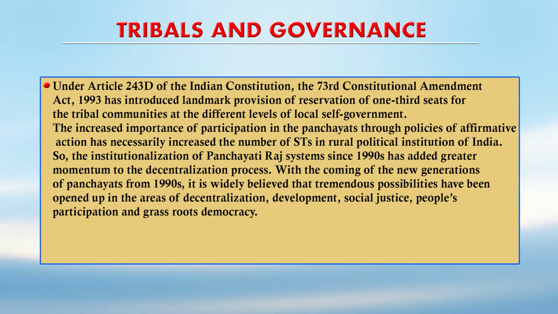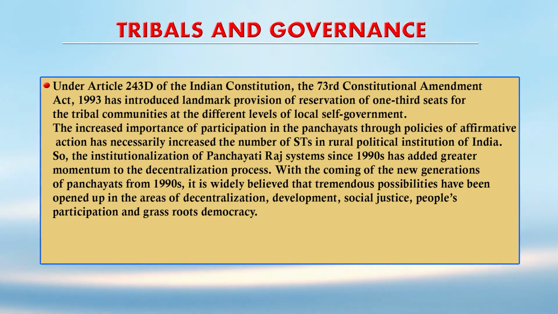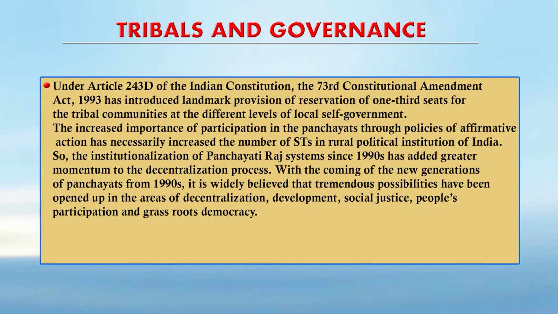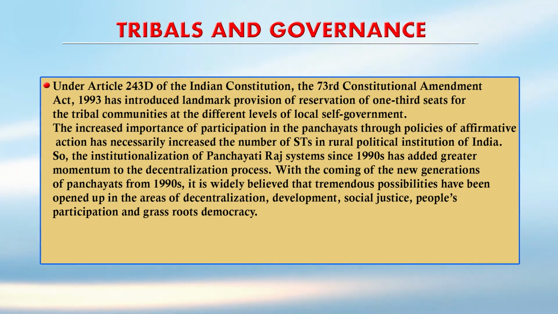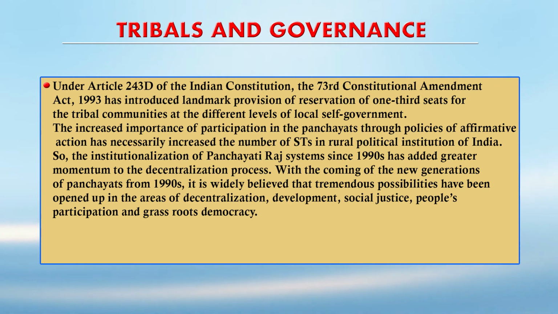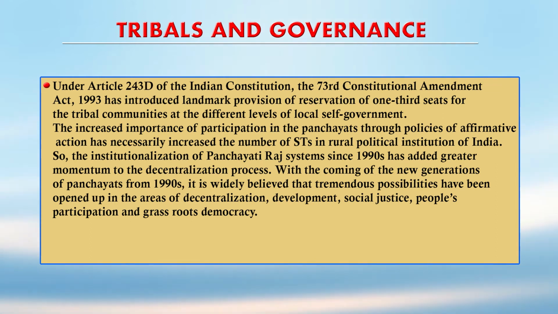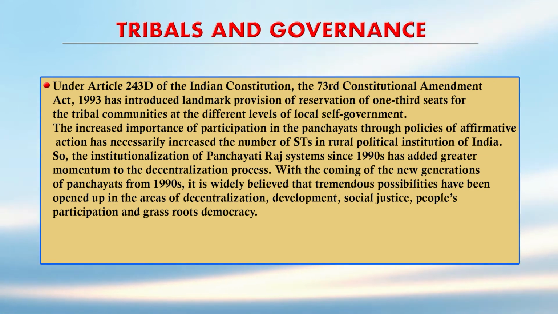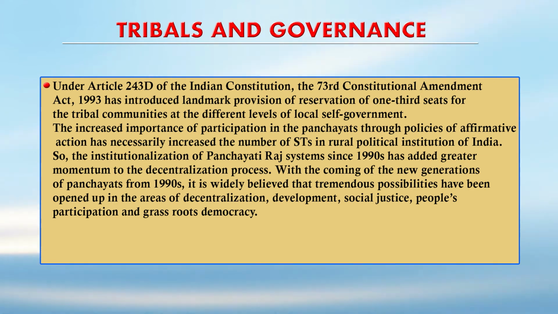Under Article 243D of the Indian Constitution, the 73rd Constitutional Amendment Act 1993 has introduced a landmark provision of reservation of one-third seats for the tribal communities at the different levels of local self-government. The increased importance of participation in the panchayats through policies of affirmative action has necessarily increased the number of scheduled tribes in rural political institutions of India.